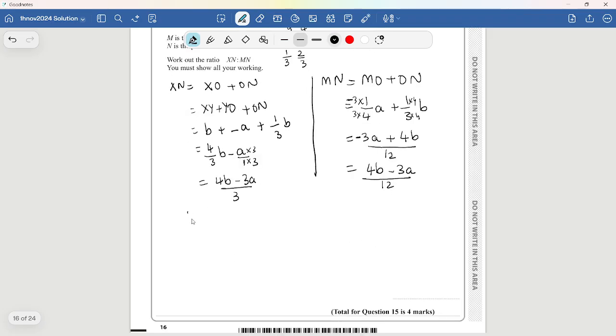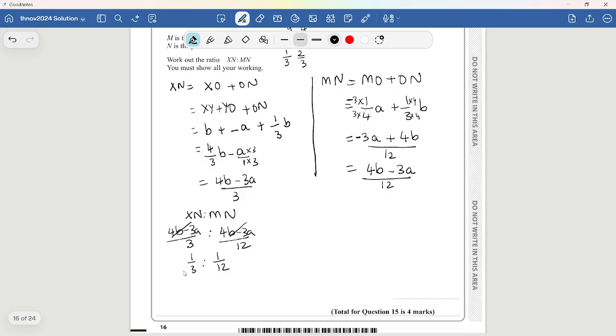Now to express XN to MN as a ratio, XN is 4b minus 3a over 3 to MN is 4b minus 3a over 12. Now I have the numerator the same for these two ratios, so I can cancel this and now have 1/3 to 1/12.